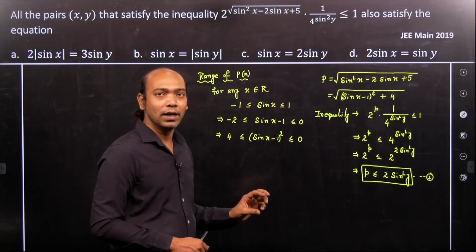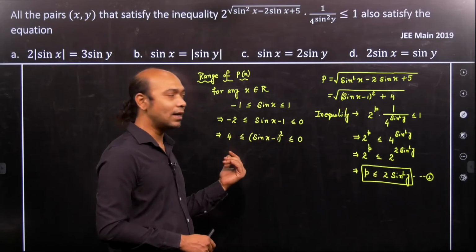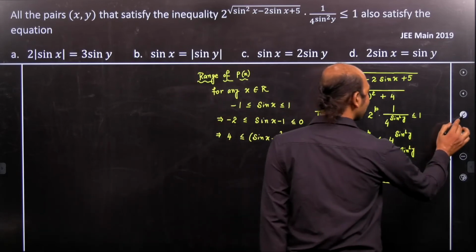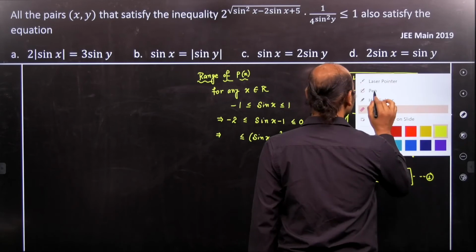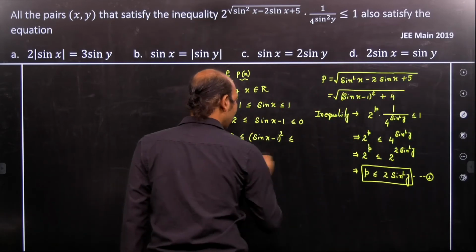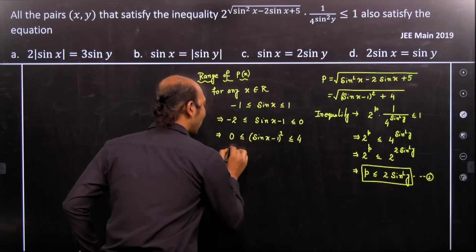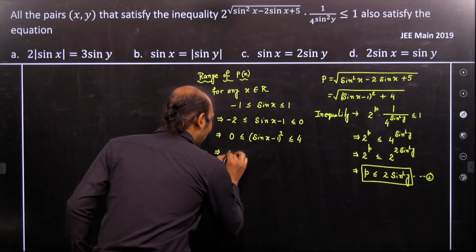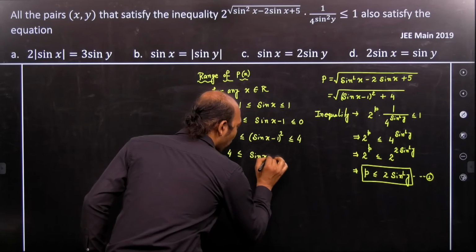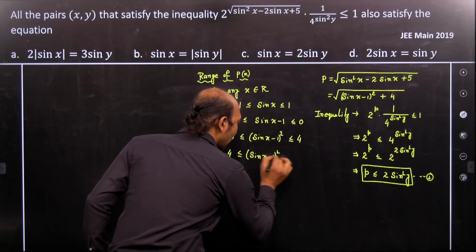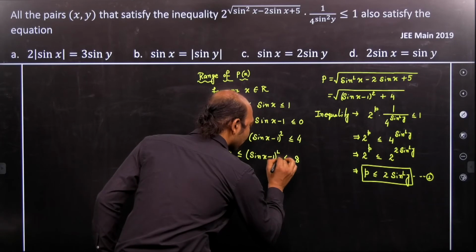That's not possible because 4 must be the minimum on the left hand side. So that's why we have to change it now. So I just change it in this step itself, okay? So therefore we have to write 0 here, and that's 4. Now we have to add 4 both sides. So if I add 4 both sides, we'll get sine x minus 1 whole square plus 4 less than equal to 8.